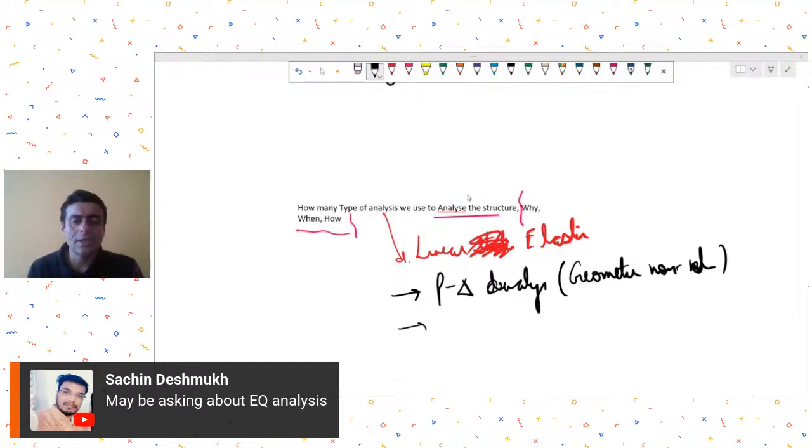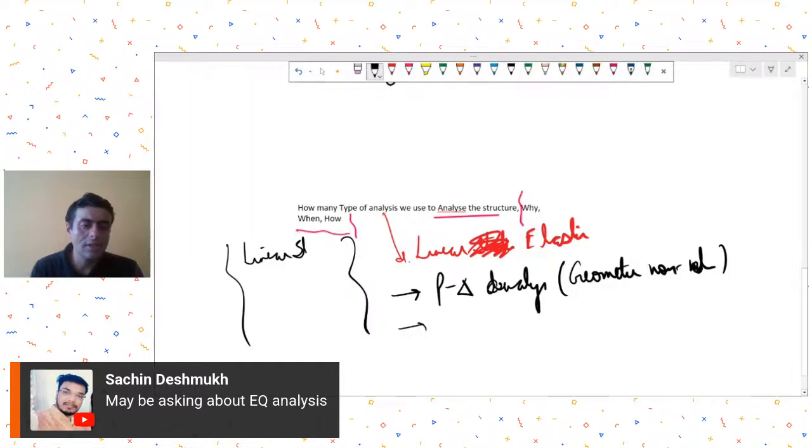So one is the linear elastic analysis that we usually do. Other can be a second order analysis where we consider the geometric nonlinearity. I don't know what other analysis we use. If it comes to earthquake loads, then mostly we do a linear static analysis. This is called the equivalent static method.